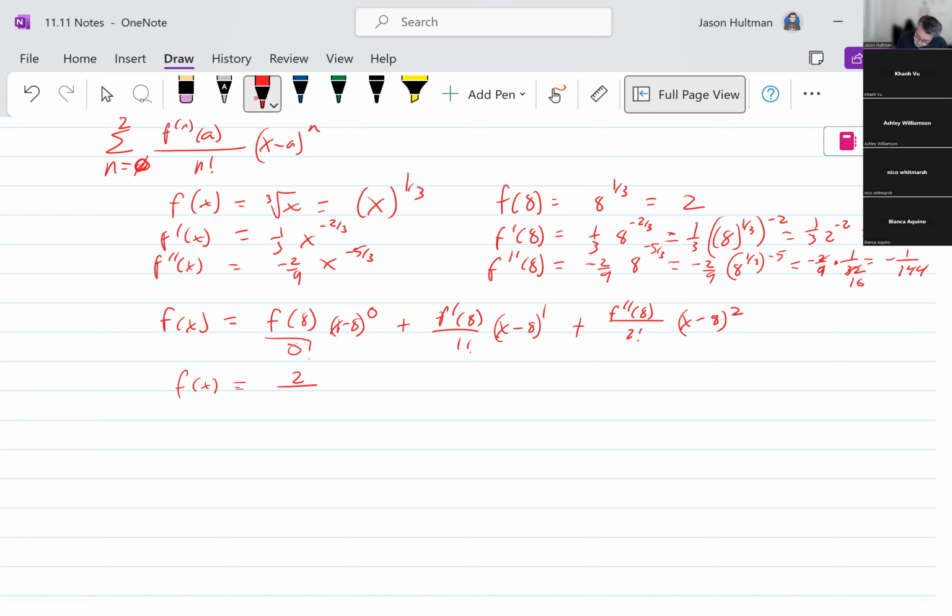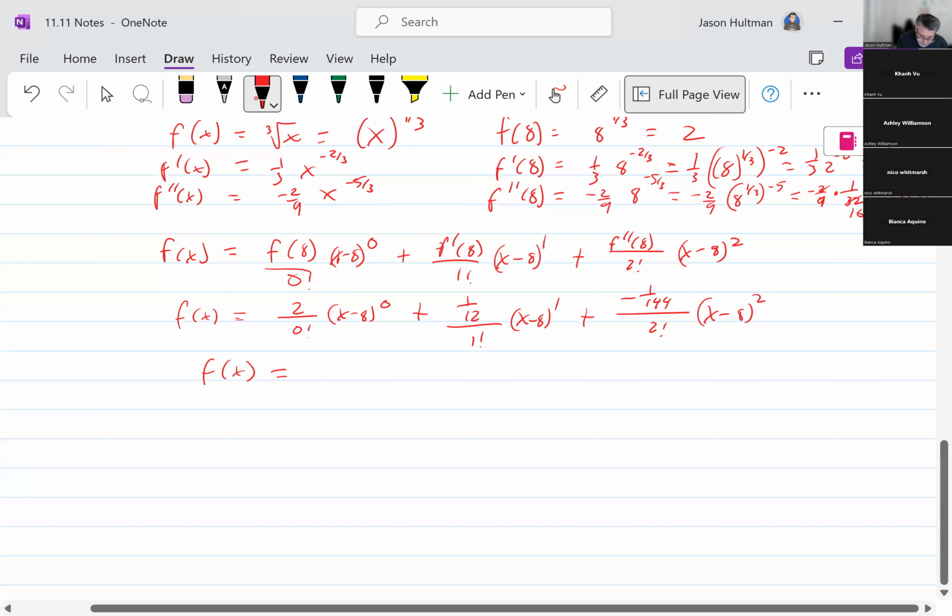So this is 2 over 0 factorial x minus 8 to the 0 power, plus f prime is 1/12, so that's 1/12 divided by 1 factorial times x minus 8 to the first power, plus this is going to be f double prime of 8, which is negative 1 over 144 over 2 factorial x minus 8 squared.